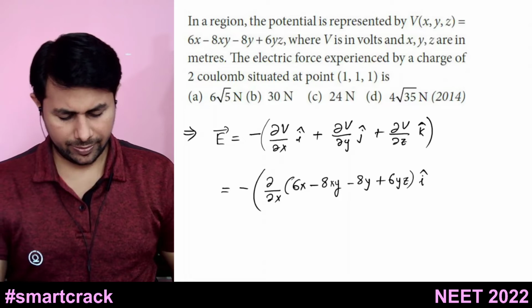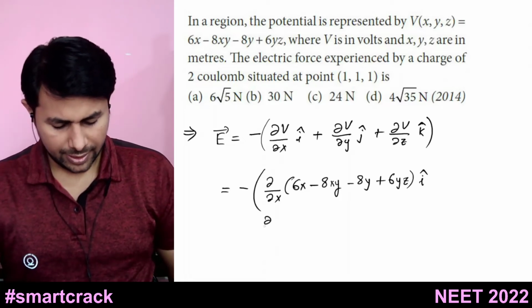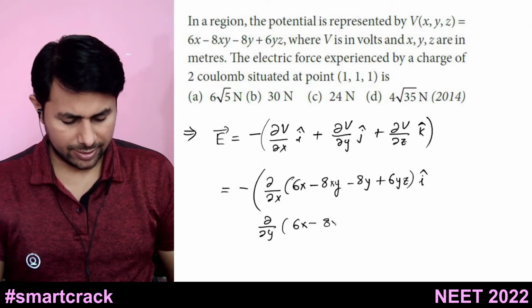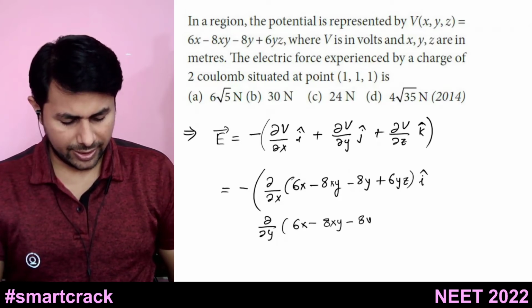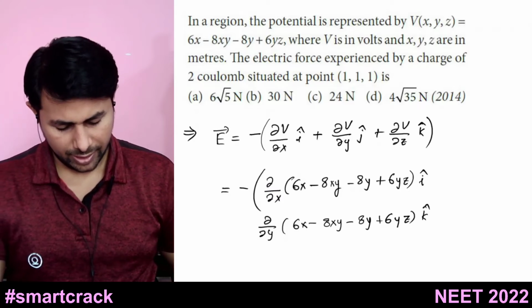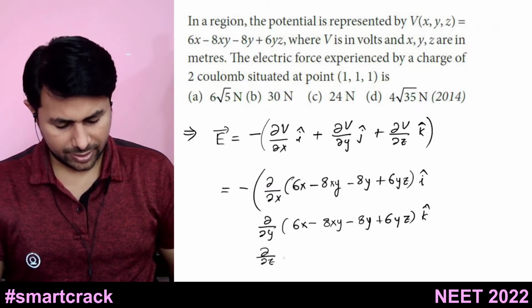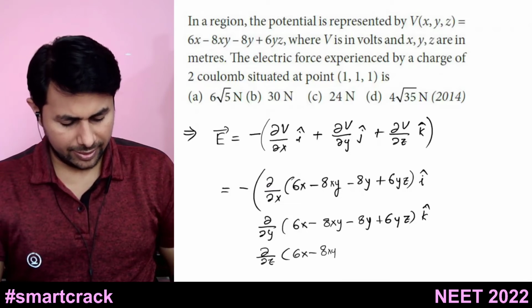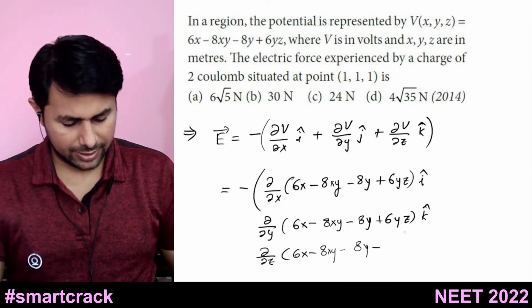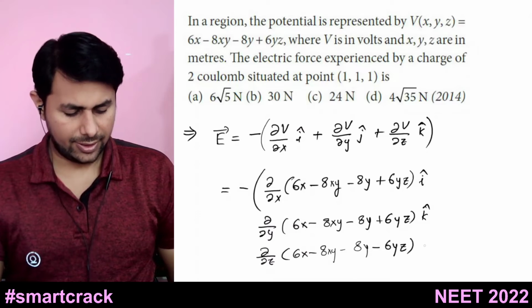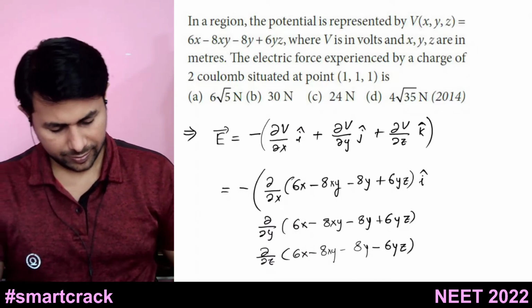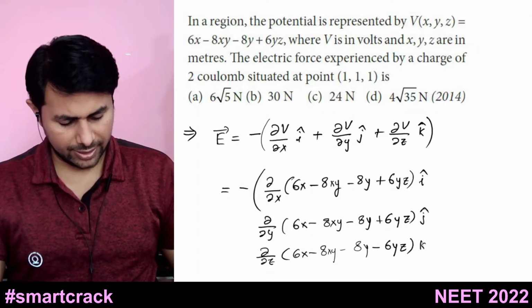We take del by del x of this for i cap, del by del y of the same thing for j cap, and del by del z of the same thing for k cap.